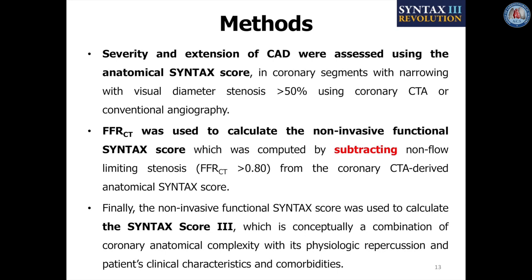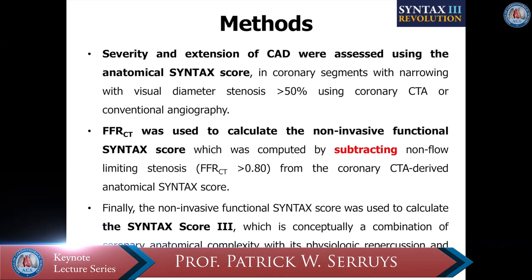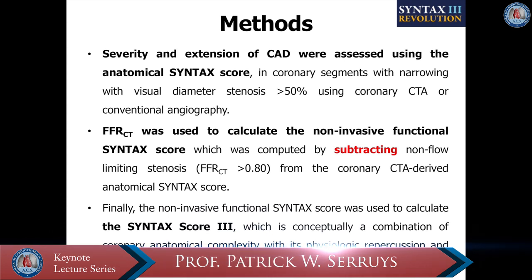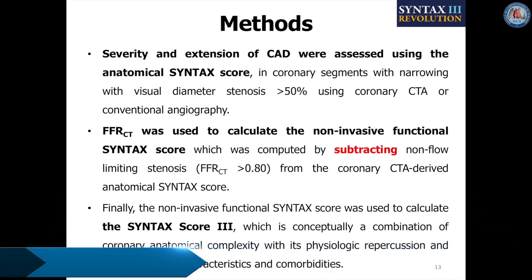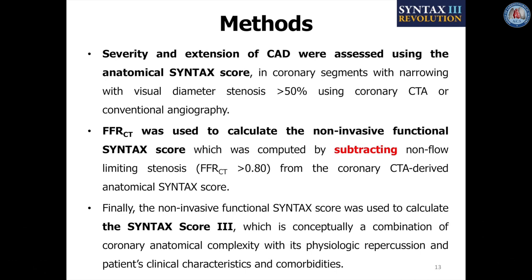Now, the work to be done by the heart team is to assess the severity and extension of the coronary artery disease using the multi-slice CT scan or the coronary angiography. More than 50% was the criteria. Then, in the case of heart team B, the FFRCT, the fractional flow reserve derived from the CT, was used to calculate the non-invasive functional SYNTAX score, which was computed by subtracting these lesions from the anatomic SYNTAX score.